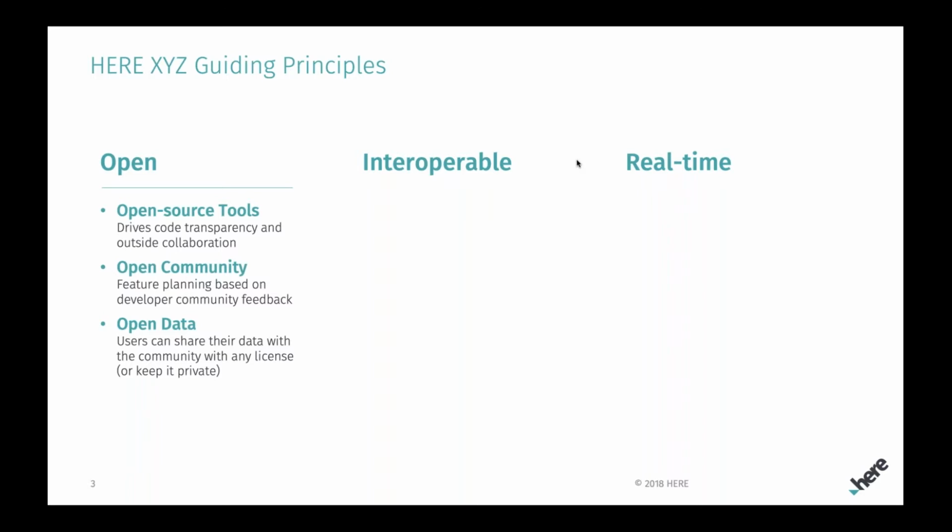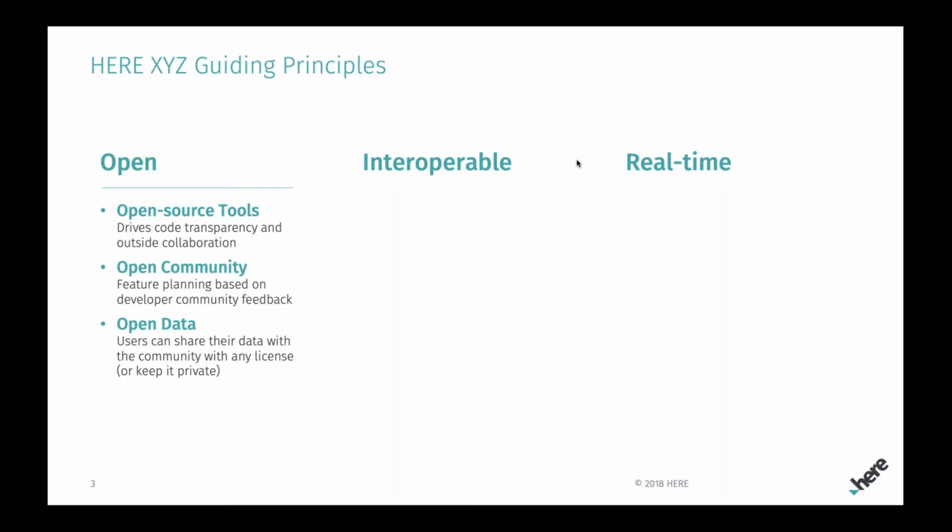A number of aspects of Here XYZ is open source, so that the community can take a look, understand how it works, and contribute back to it or help guide the roadmap. There are a number of ways to provide your input into what you're seeing. If it helps solve your problems, that's what we're aiming for. So if it's not, you should let us know, and I'll show you a couple places where you can do that today.